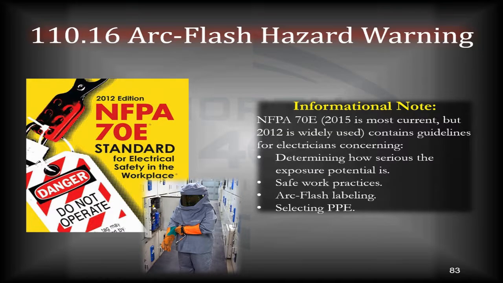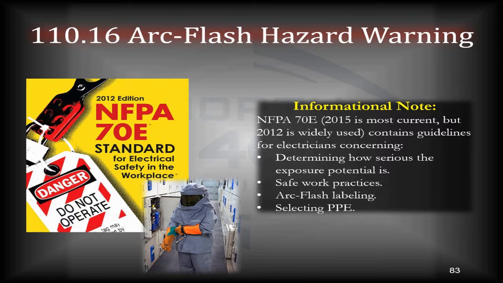Informational note, okay, NFPA 70E is an invaluable resource. Okay, 2015 is your most current right now. It comes out staggered in years from the National Electric Code. So the next National Electric Code should be out in 2017.